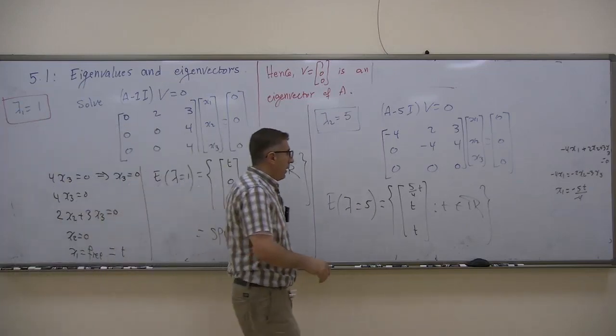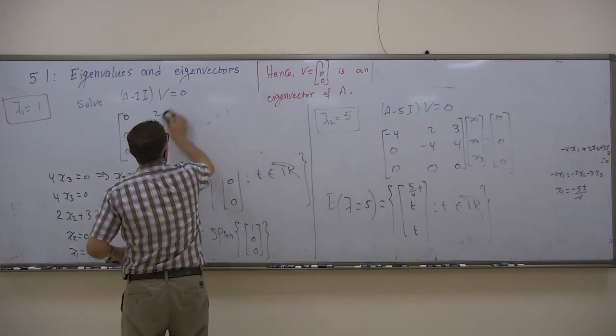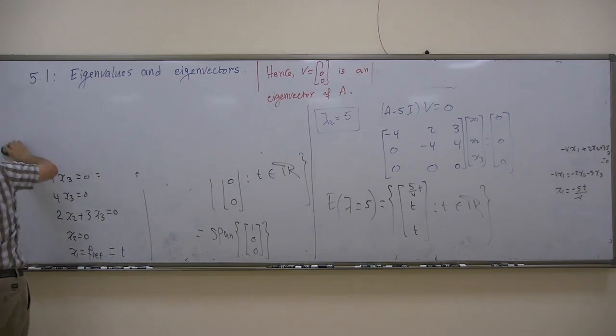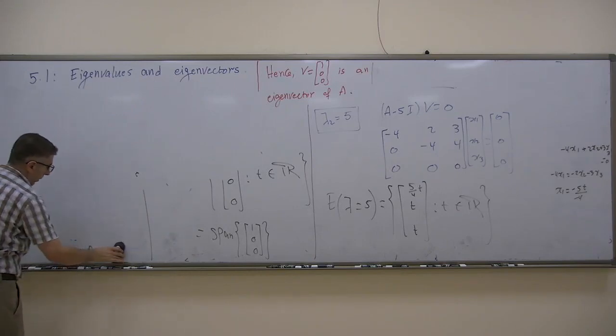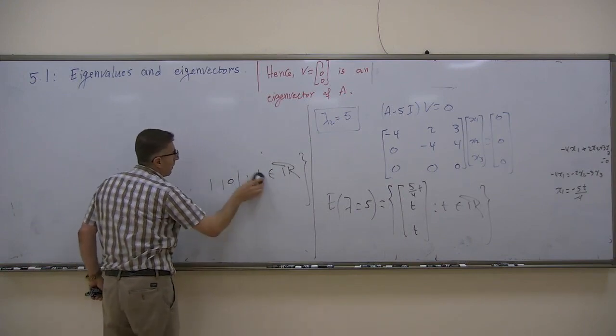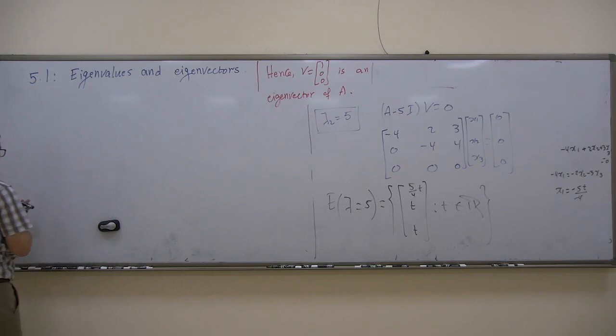All right, we have more interesting facts we can talk about here. And the first one is a very, very important fact. This was, I think, fact number 4 or 5. So let me write it.